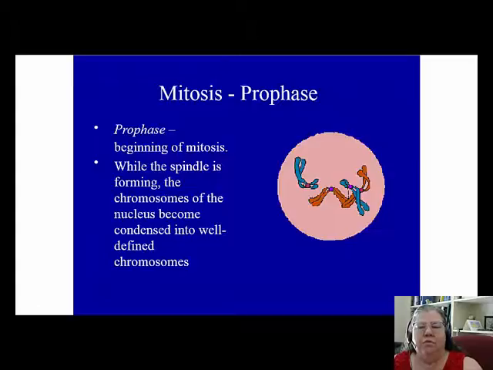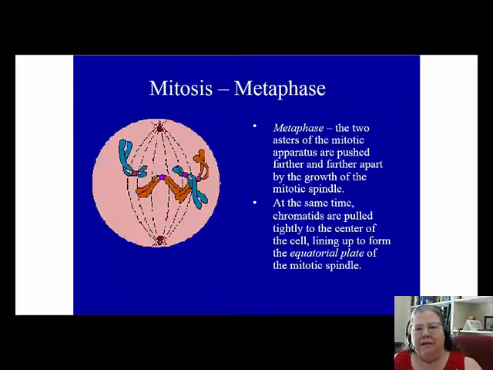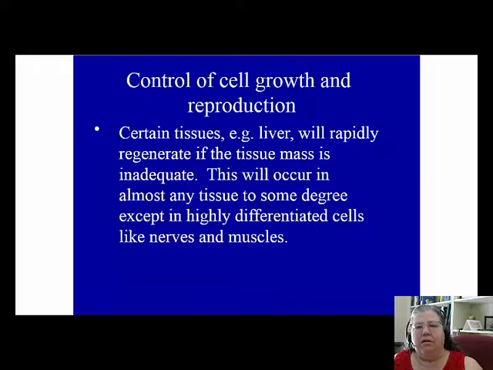As the chromosomes are pulled apart, they condense back into easily seen, well-defined chromosomes. There are these phases that occur, and ultimately the cell divides with two separate nuclei, two sets of chromosomes.